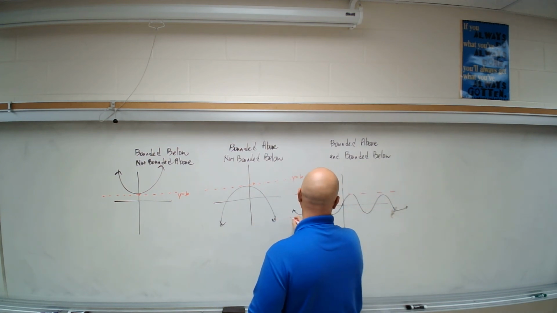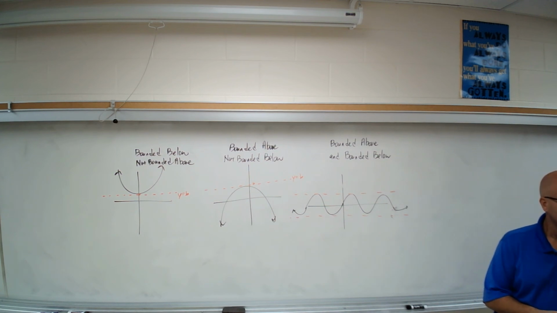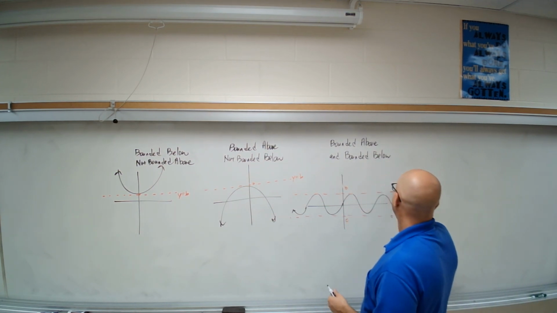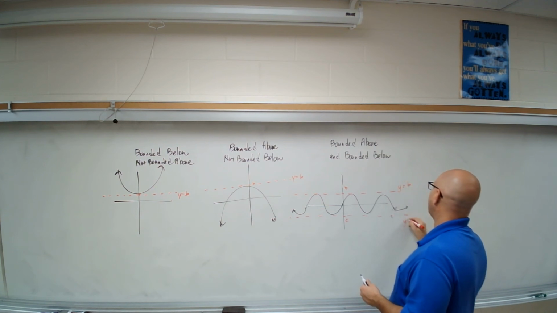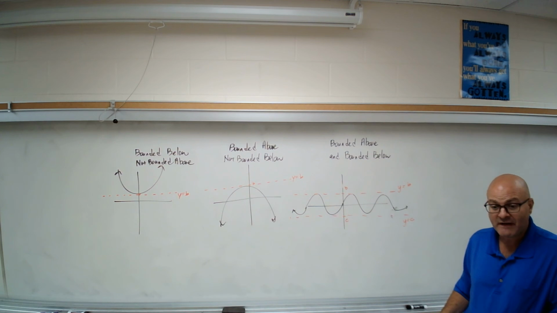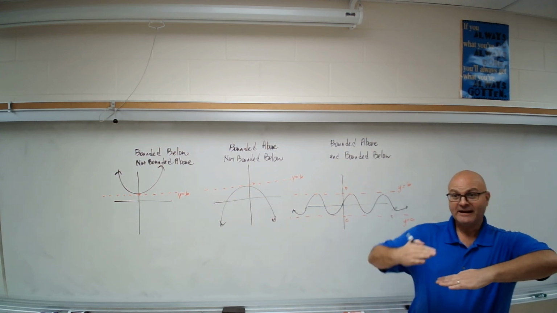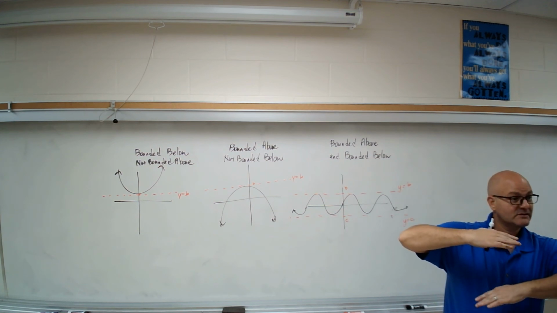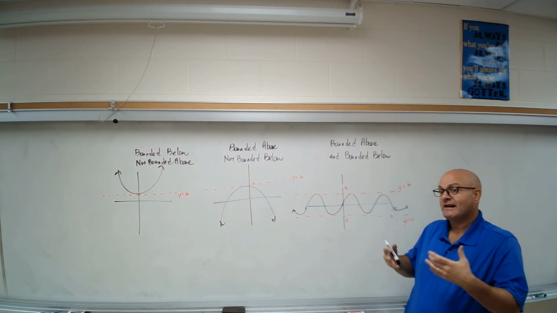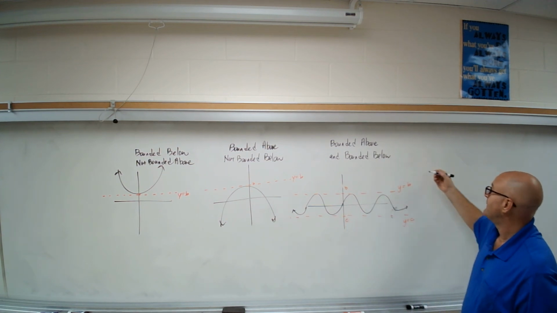It's bounded above and bounded below. So maybe this is B and this is C. This would be the line y equals B, y equals C. In terms of sine functions and cosines, it's really valuable to know that since they're always bounded, they're bounded by negative 1 and positive 1. So if you get a sine function, your answer is never bigger than 1 and it's never smaller than negative 1.